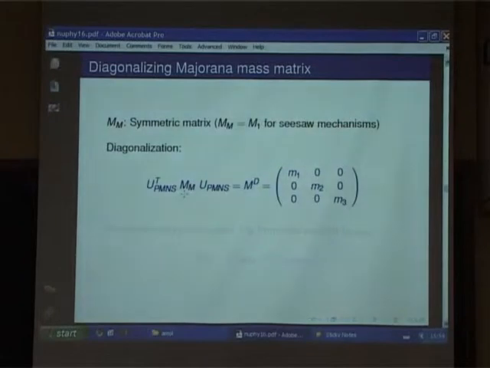So this MN is diagonalized such that U transpose times this mass matrix times U is a diagonal matrix, which is M1, M2, M3. M1, M2, M3 are real and positive numbers. So that's what is meant by diagonalizing M. This is the mass matrix in flavor basis. This is the mass matrix in mass basis.